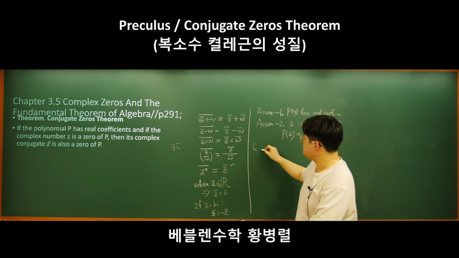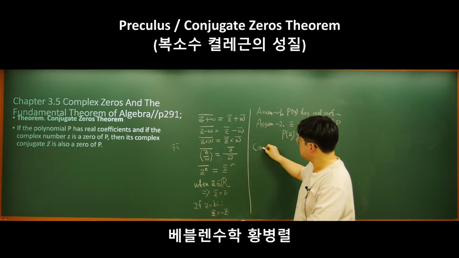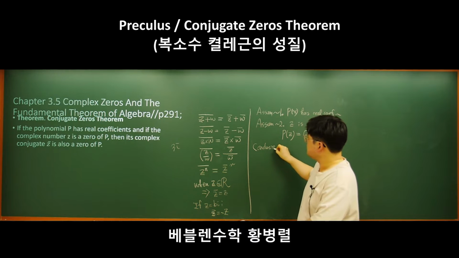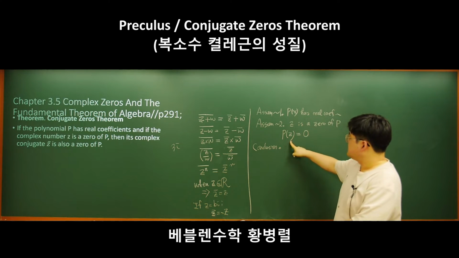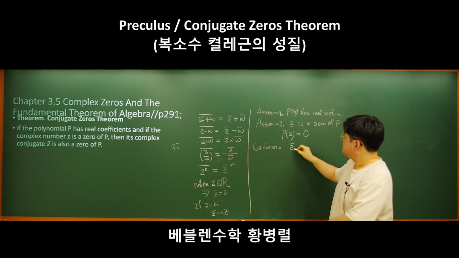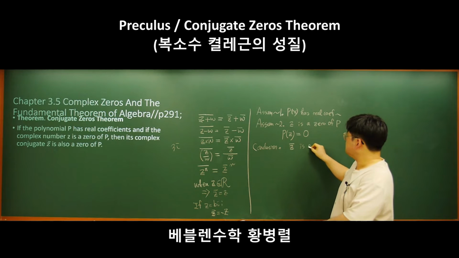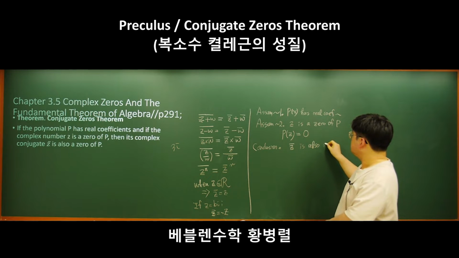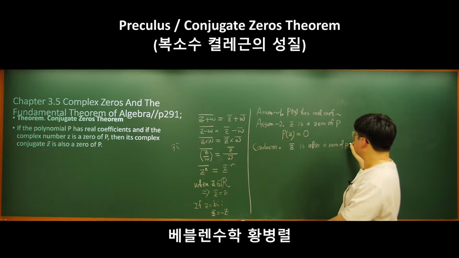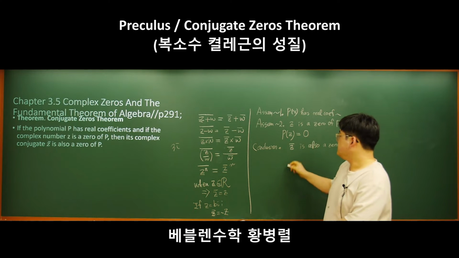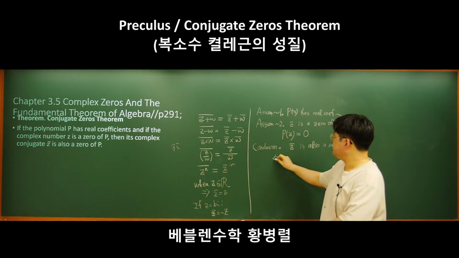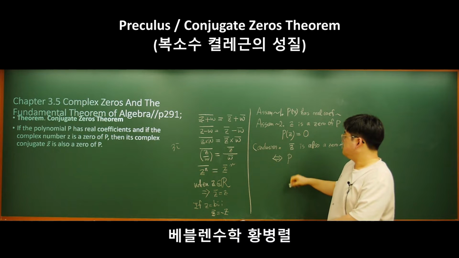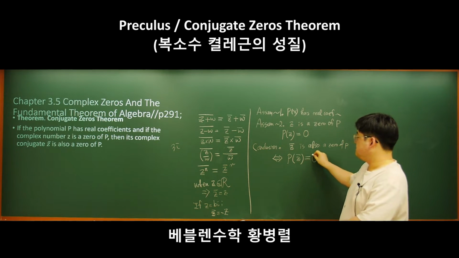Then the conclusion of this theorem is bar z is also a zero of the polynomial p. This means that p of bar z is 0.